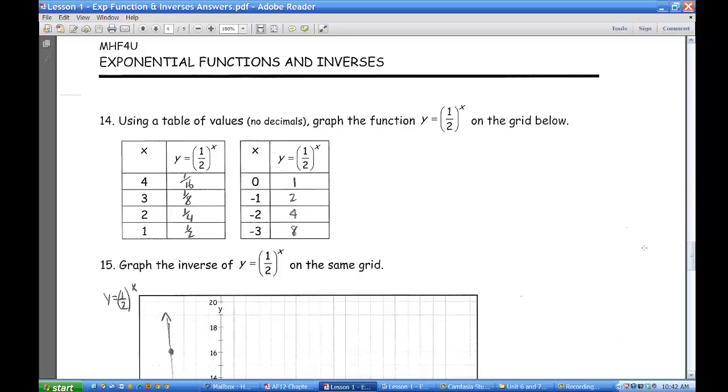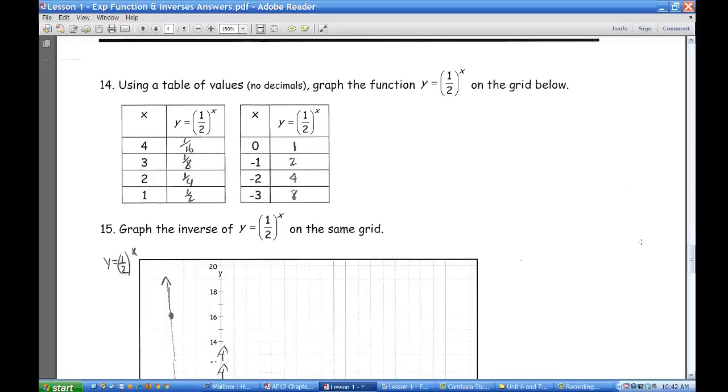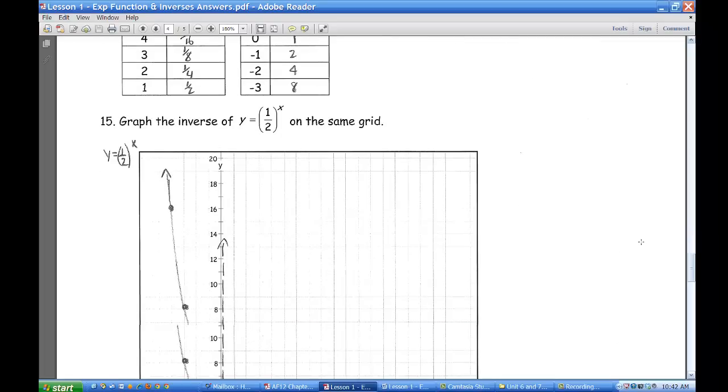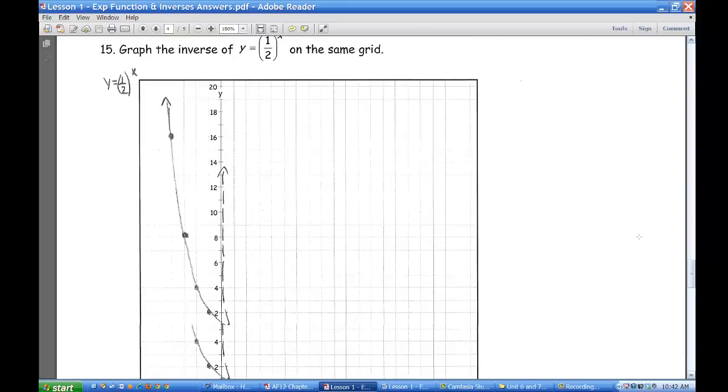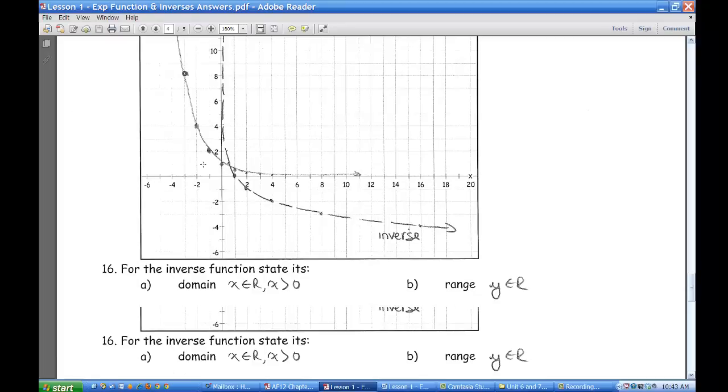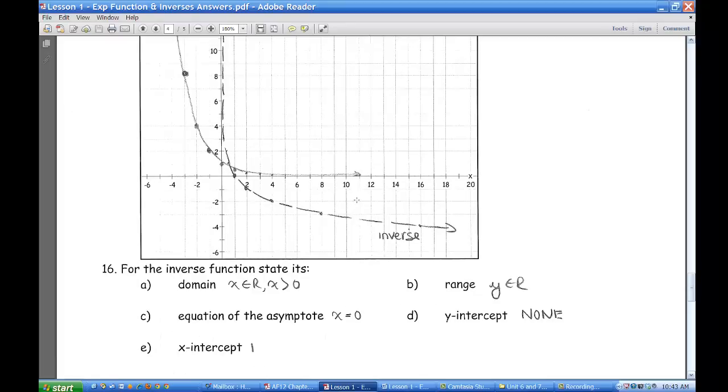And if we graph them, we're going to have actually two similar graphs, except your y-intercept now becomes x-intercept, and your horizontal asymptote becomes your vertical asymptote now. There are no y-intercepts for the inverse of the function. It only touches the y-axis but does not cross it.